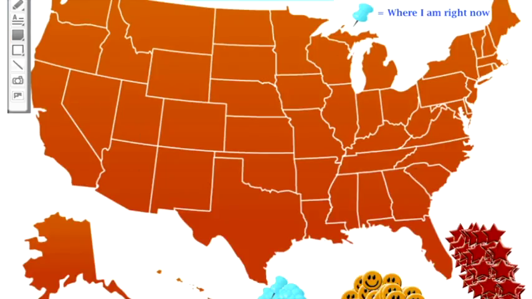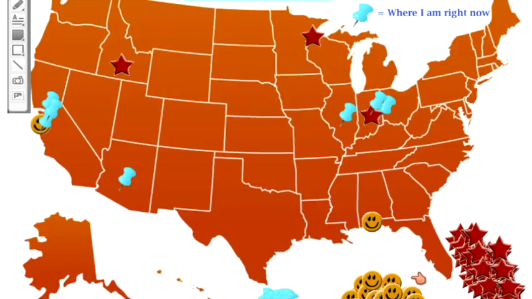I want everybody to make sure your selection tool is selected, and then click on the stick pin or the smiley face and, depending on the question, move that to the appropriate place. So stars for where you were born, blue stick pins for where you are today, and then click on and drag a happy face to where you would like to live.